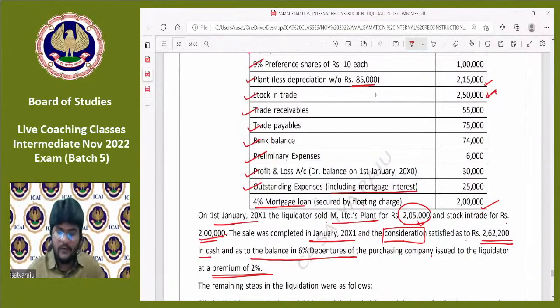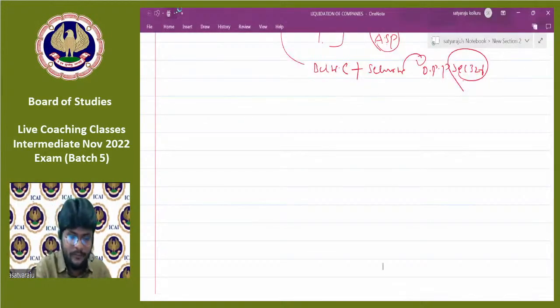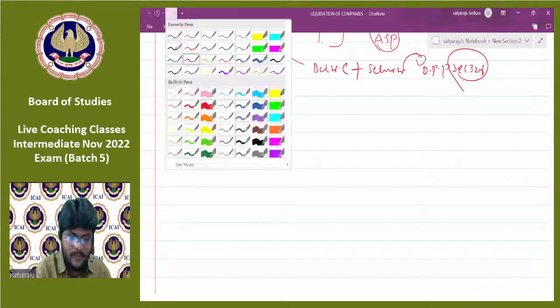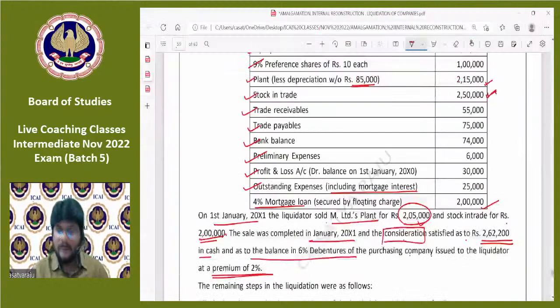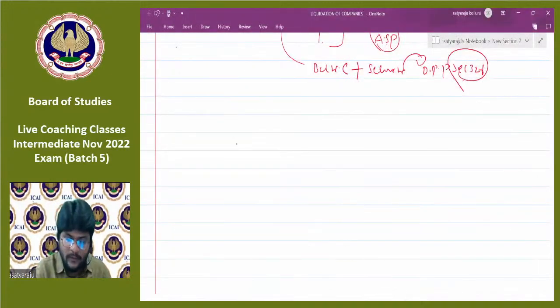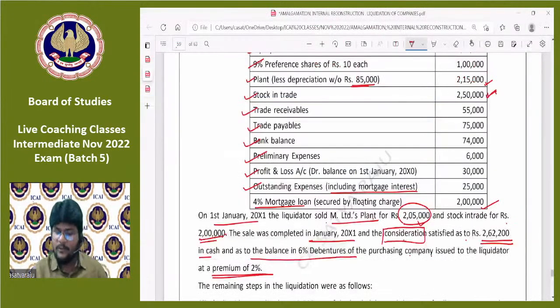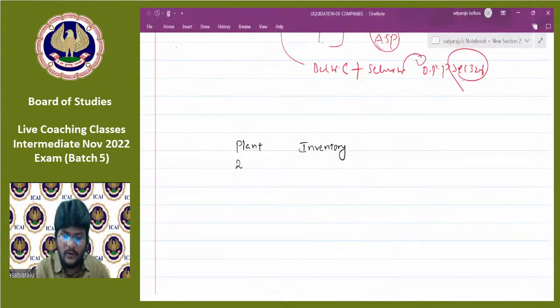Sir, what this is all about, sir? Please concentrate, all of you. Now, liquidator is going to realize two different assets. One is plant and another one is inventory. He is going to realize plant at 2,05,000. In the same way, he is going to realize inventory at 2 lakhs.